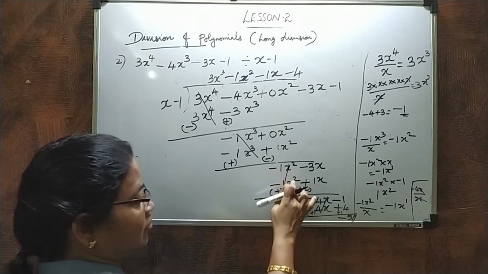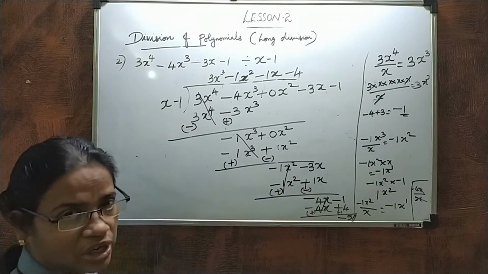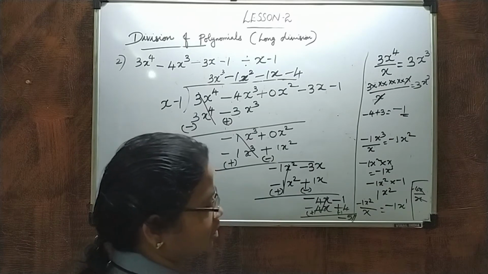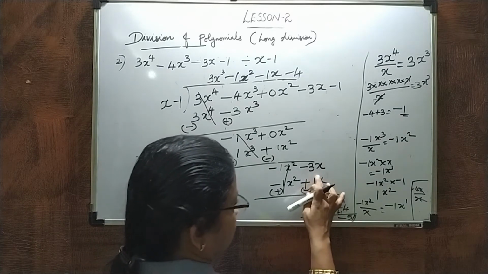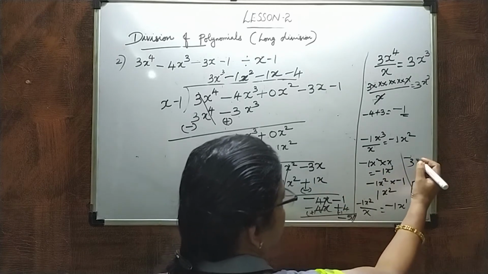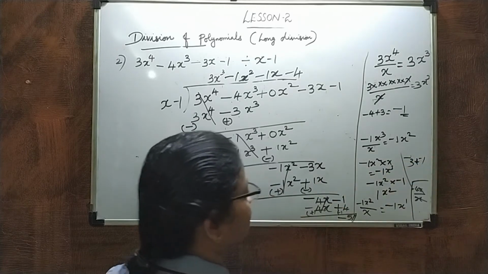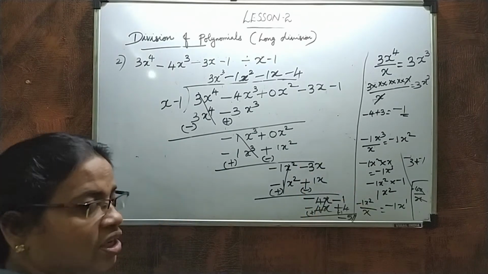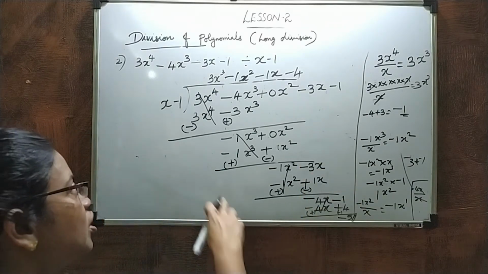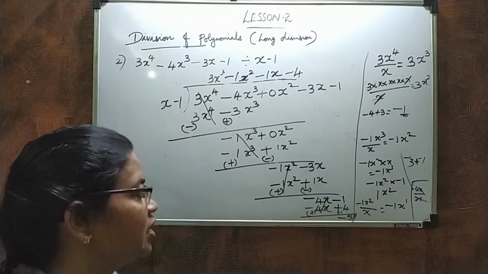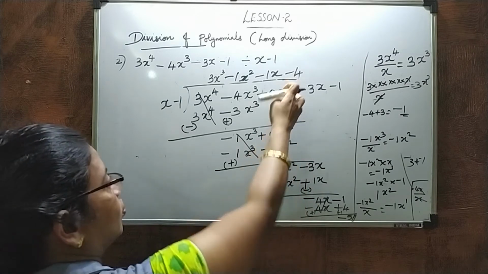Negative 1x square plus positive 1x square, it will be cancelled. Then negative 3x minus 1x, it is negative 3 plus negative 1. You will get the answer negative 4x. Then minus 1, again taking down. Negative 4x divided by x. x and x cancelled and negative 4 will be there.